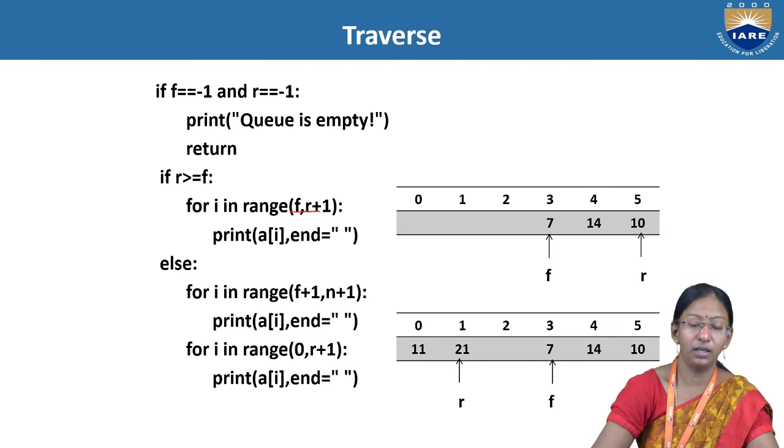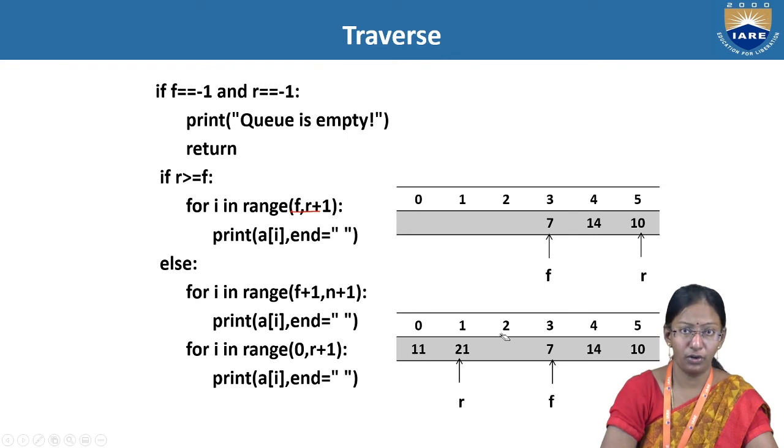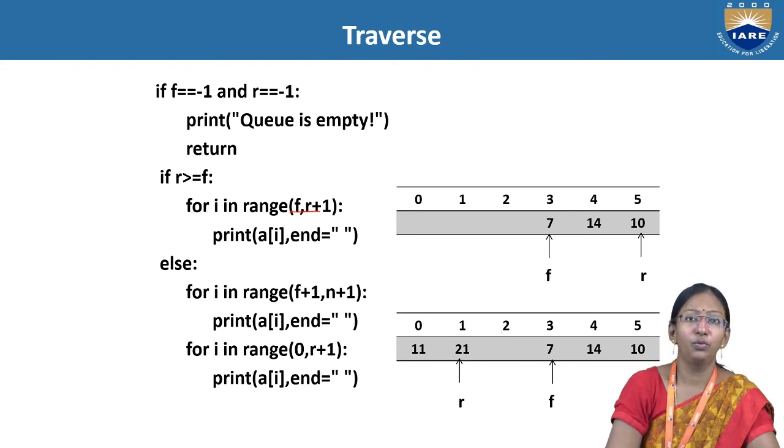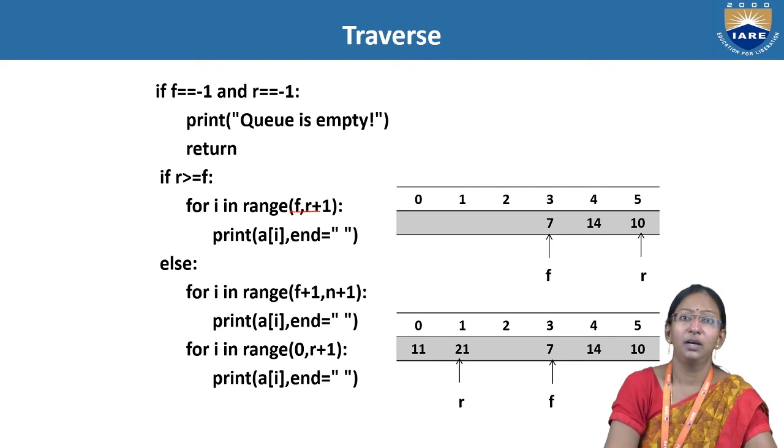In the real scenario, your 0 is connected to 5, but logically it's not, right? So we have to write 2 for loops to run, right? From 0 to rear and from front to your n-1, that is the maximum index value.